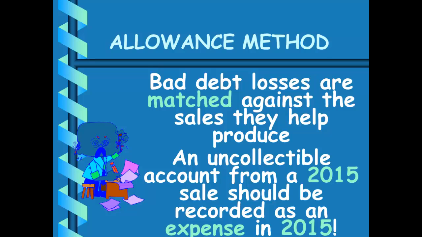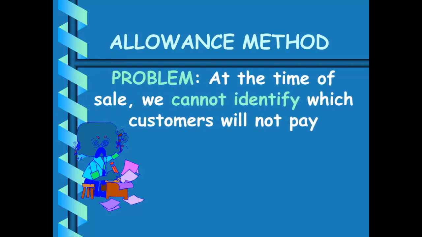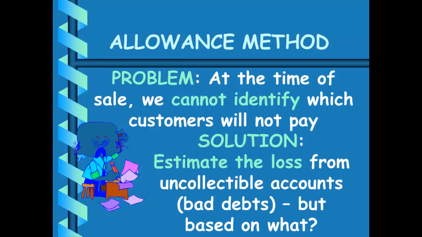No, if I knew they weren't going to pay me, I wouldn't sell to them in the first place, right? So I might make a sale to a customer this year, and I might not find out until next year the fact that they aren't going to pay me. What I would not want to do is to record the revenue on my books this year and the expense on my books next year. For that reason, we're going to have to estimate the amount of my uncollectible accounts.